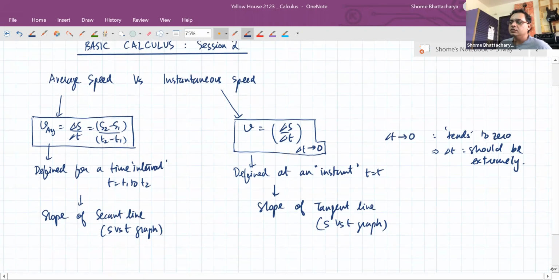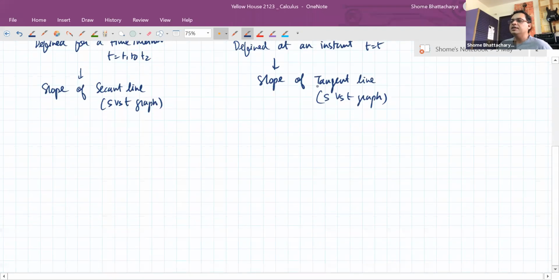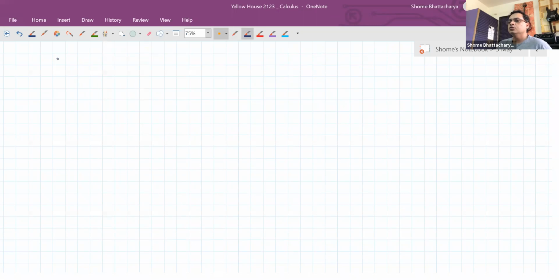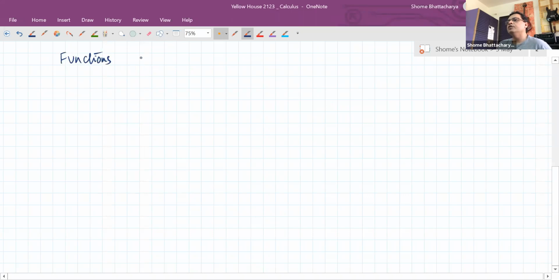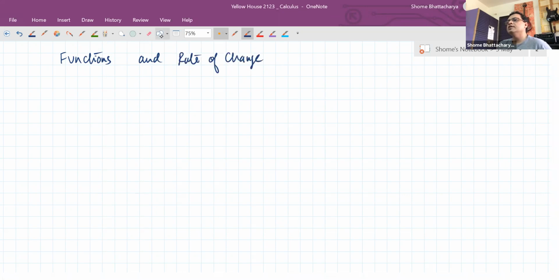Now let's get into more specific aspects of basic calculus today. In order to understand calculus, the first thing we will talk about is something in maths called functions. And from functions, we will get into rate of change of function. So can anybody tell me what is a function?